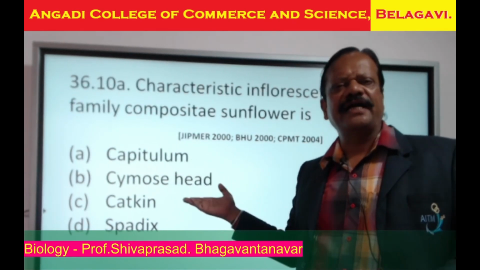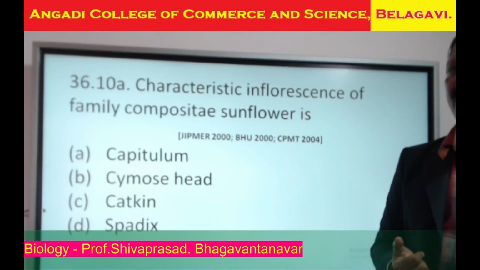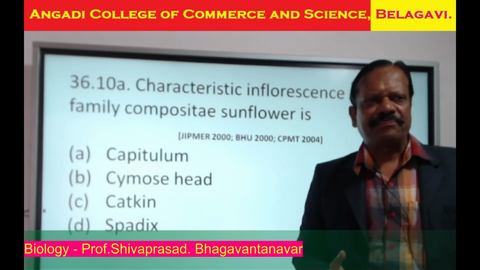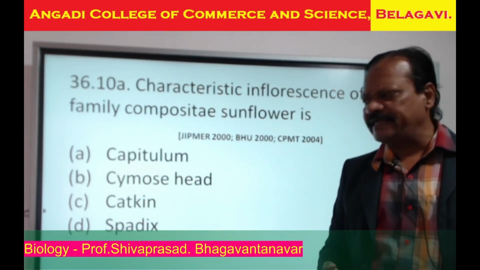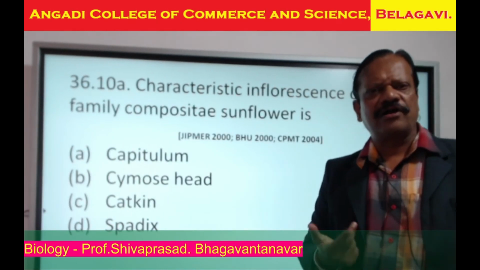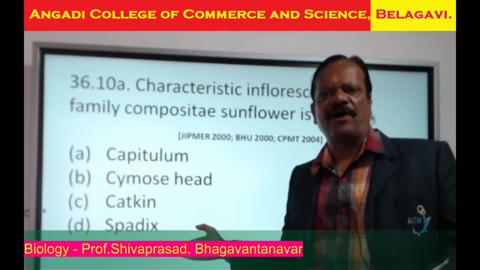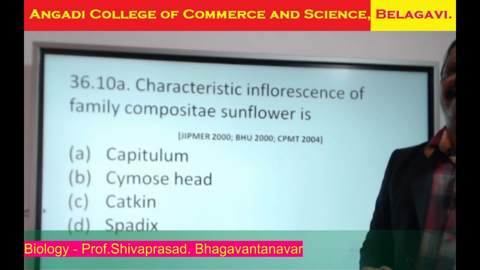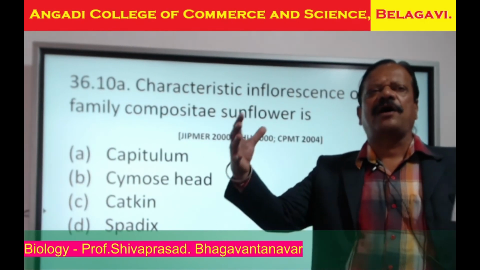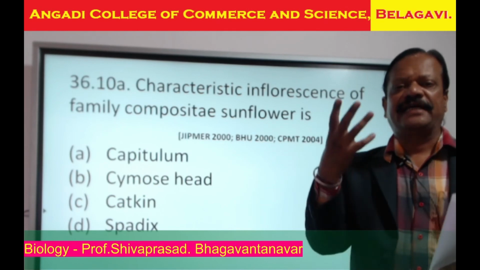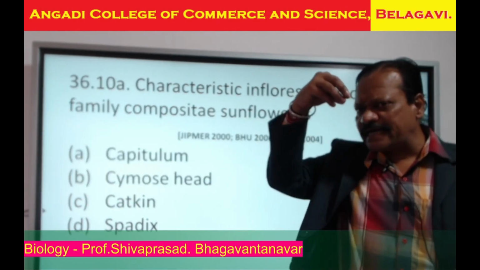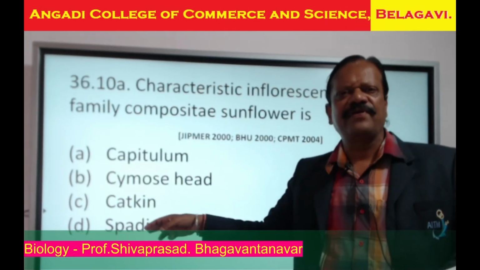Then cymose head: you can take the example of Mimosa pudica, the touch-me-not plant. There you can see the cymose head. In the same way, catkin I already explained, and spadix type of inflorescence. In case of spadix, a big leafy bract is formed at the lower side, and inside that bract you can see male and female flowers.